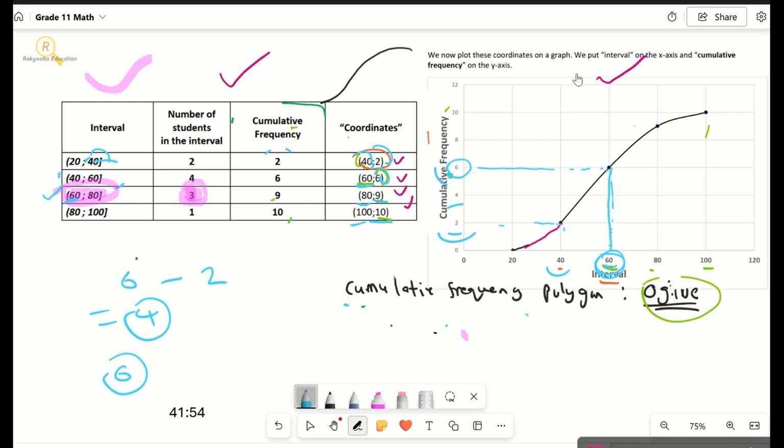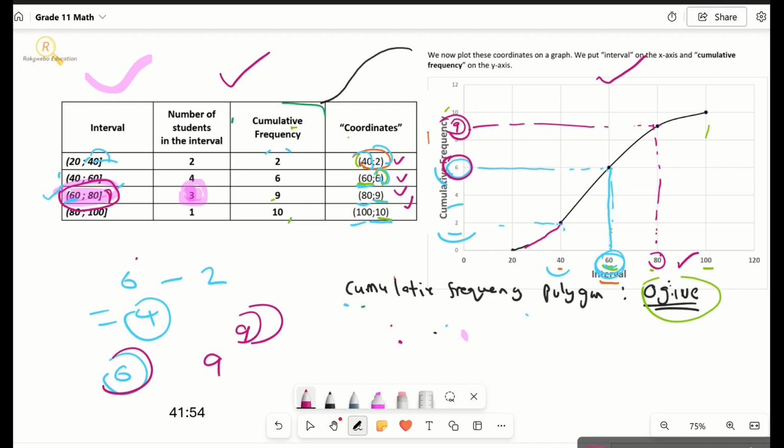Now let's look at the upper bound, 80, dotted lines to the graph, to the y-axis, 9. So this 9 is the number of learners who got 80 or less. But now the question is asking you to find the number of learners between 60 and 80. So you take this number minus that. It's 9 minus 6, which gives you an answer of 3, matches our table.